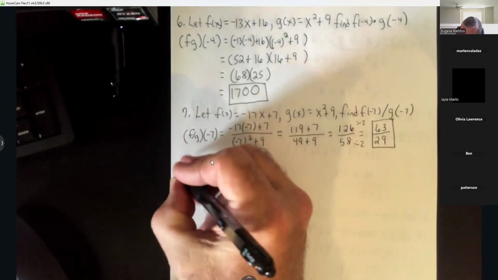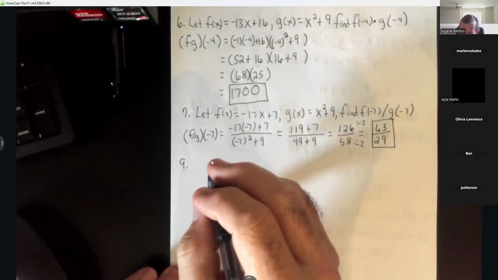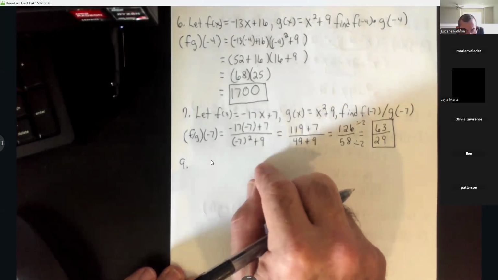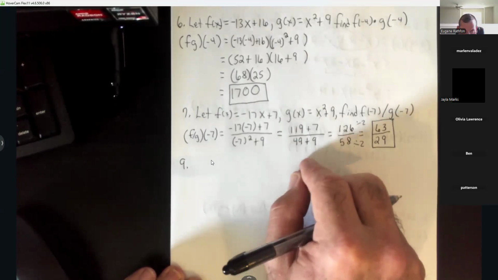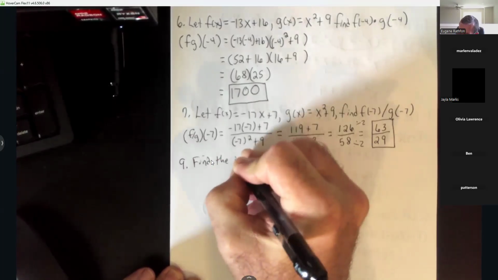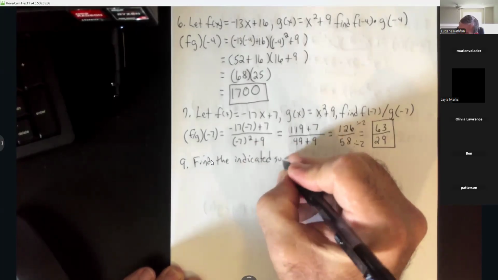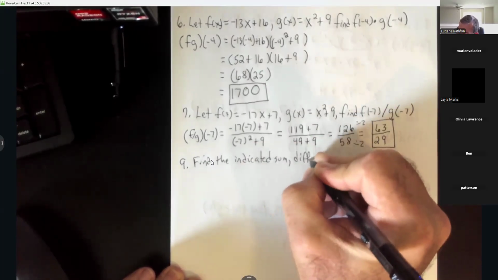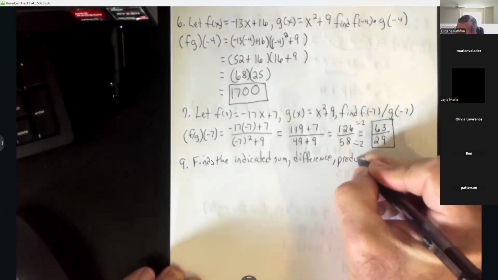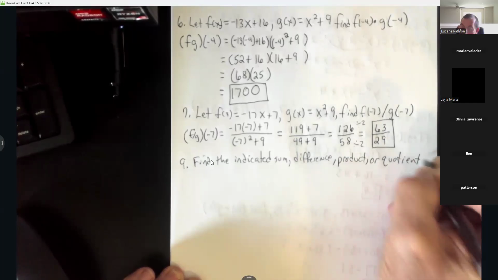All right, y'all, so 8 is pretty much the same, so I'm going to skip to 9 here. It says for the pair of functions, find the indicated sum, difference, product, or quotient. Sum would be adding, difference would be subtracting, product would be multiplying, and quotient would be dividing.